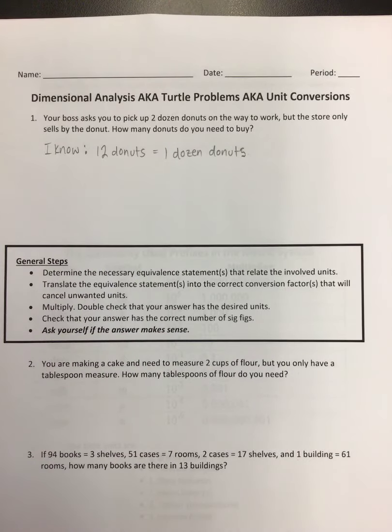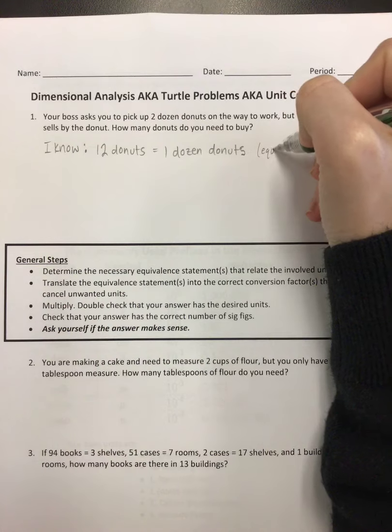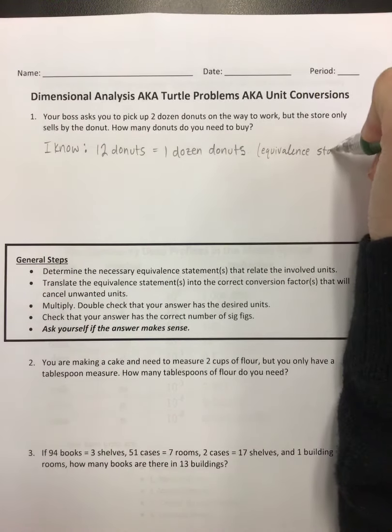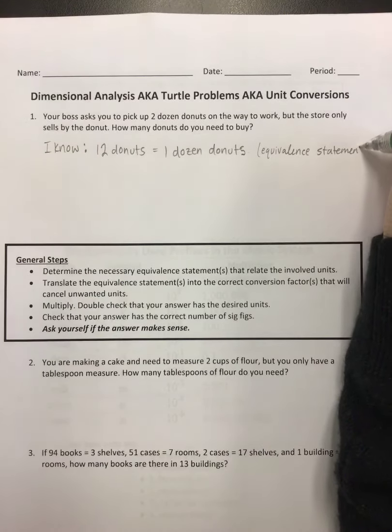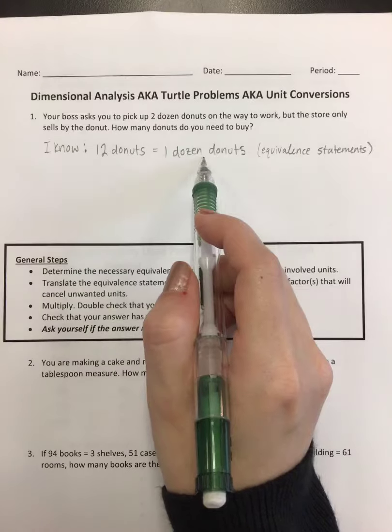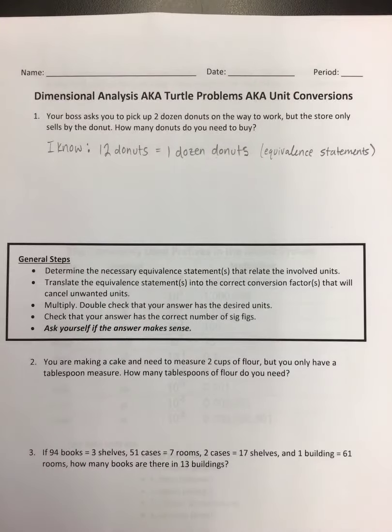We call these things that we know equivalence statements. This is equivalent to this. 1 dozen donuts can be written as 12 donuts, and it will mean the same thing, just different units.